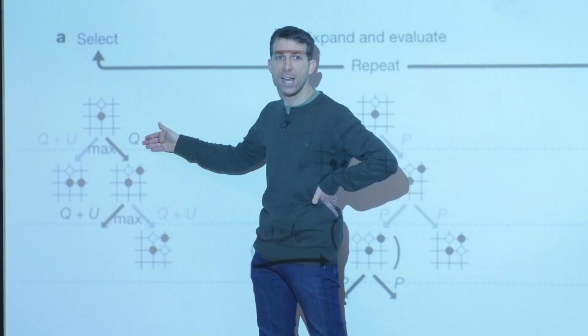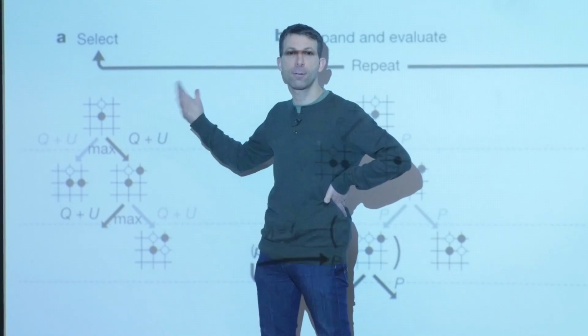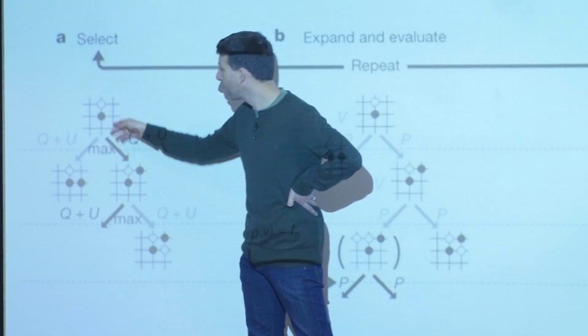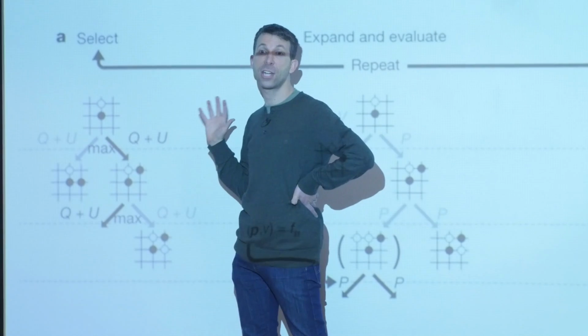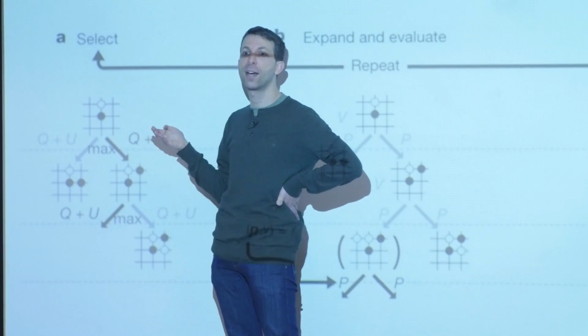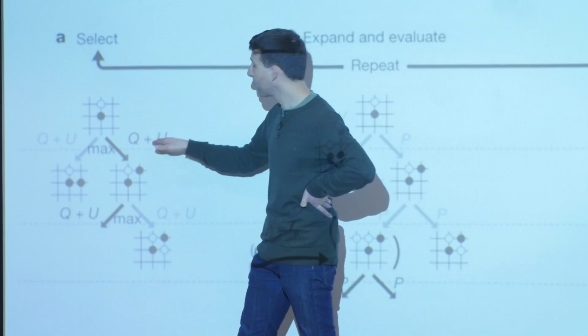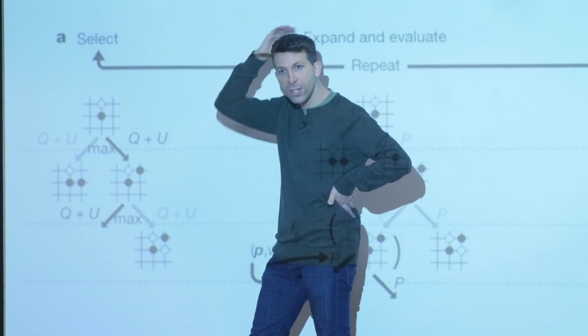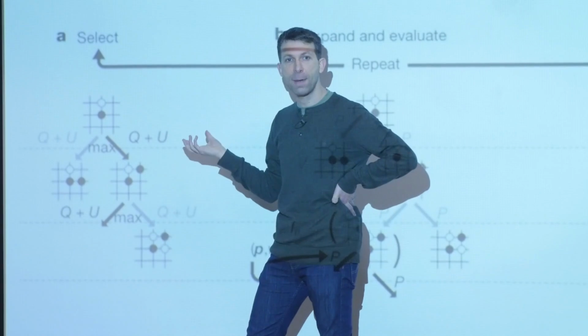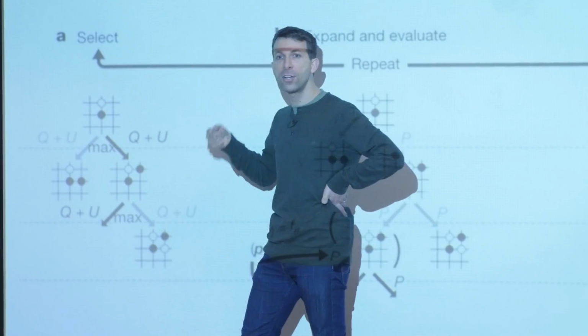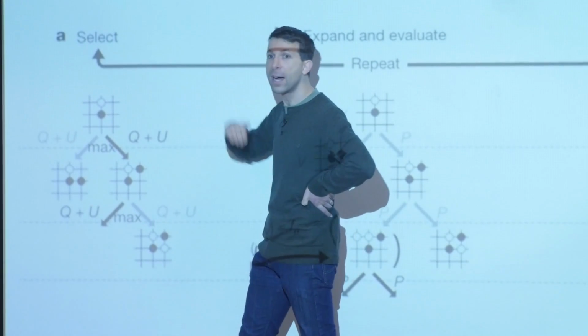But the problem with the greedy strategy is it can get stuck. You need some kind of exploration in the search tree. You need to sometimes try some other branch, not your greedy one, just in case that other branch actually turns out to be better. You have to try it sometimes. And so what we do is something like we saw in the exploration lecture, where you add in an upper confidence bound, U here, and that encourages it to consider things which might be good.